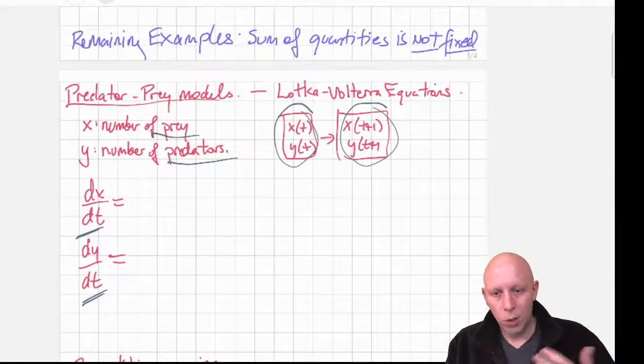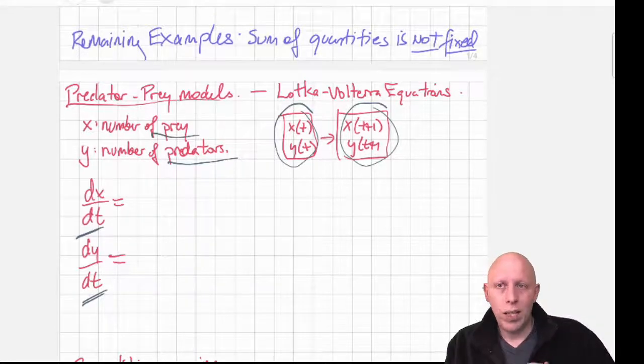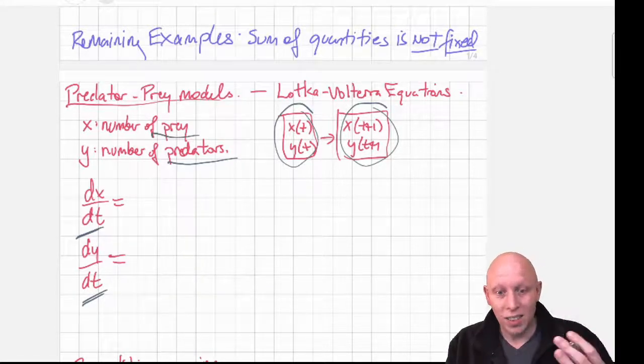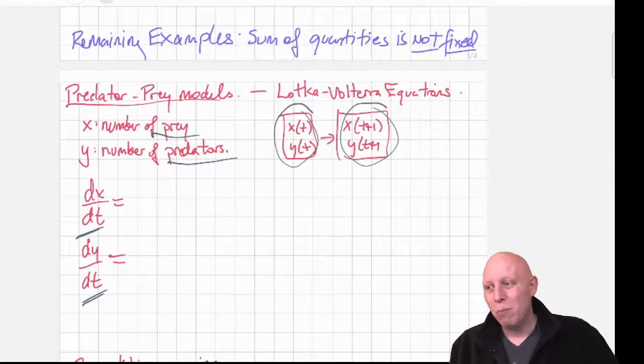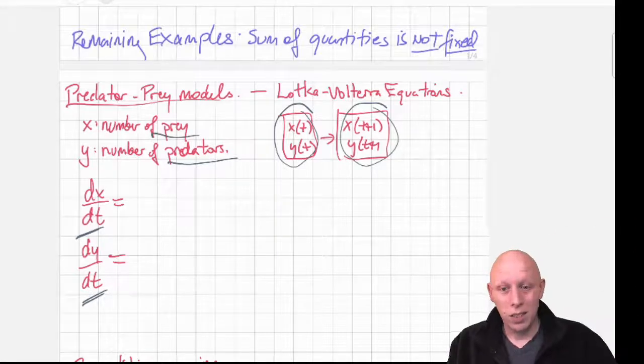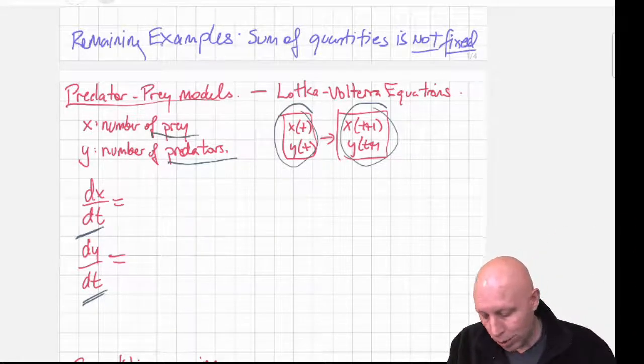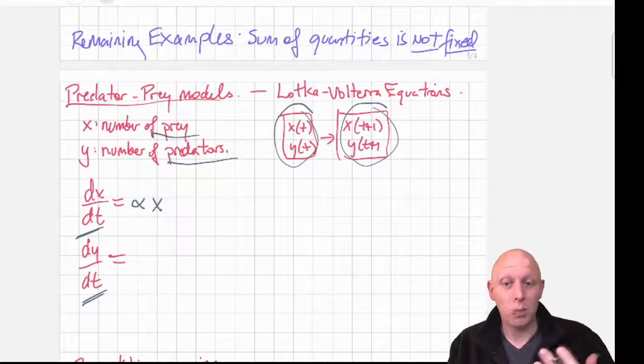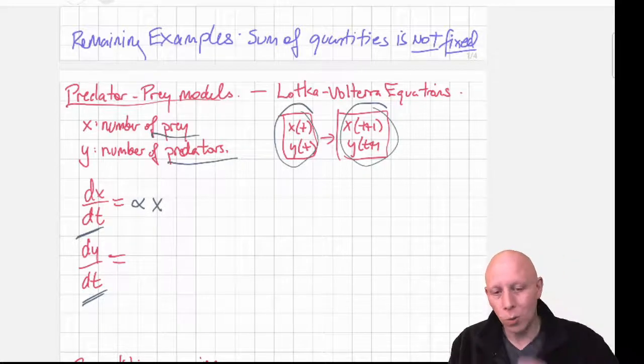So for the prey, let's imagine bunnies, like lots of little bunnies. When there are more bunnies, there's even more bunnies. So if the prey were just left alone, we would expect that we would get some constant times the current population. We would expect exponential growth.